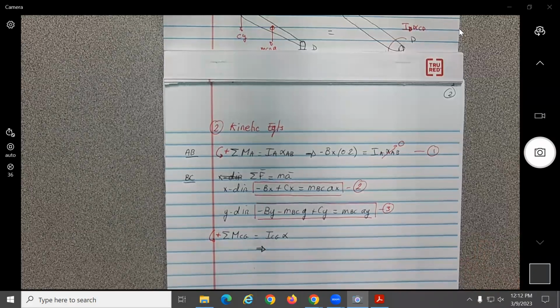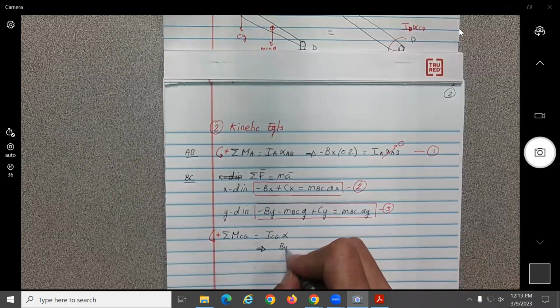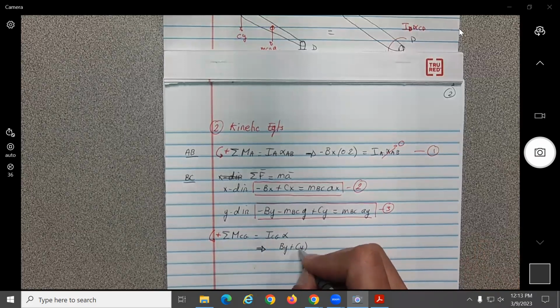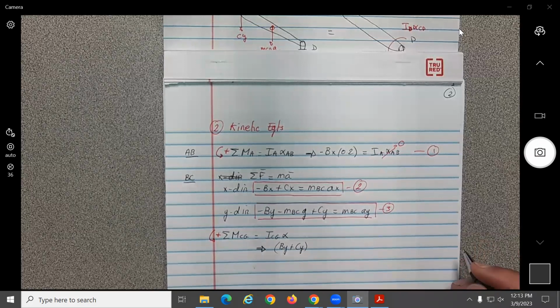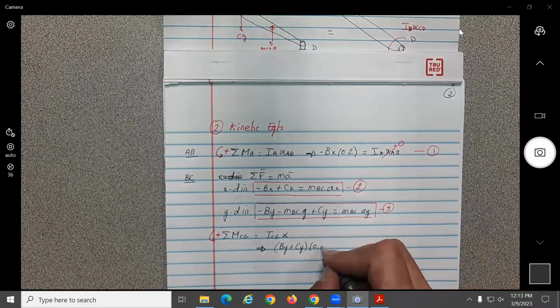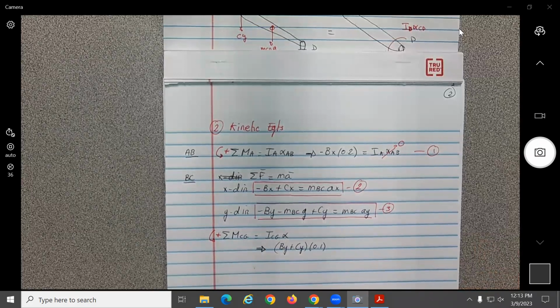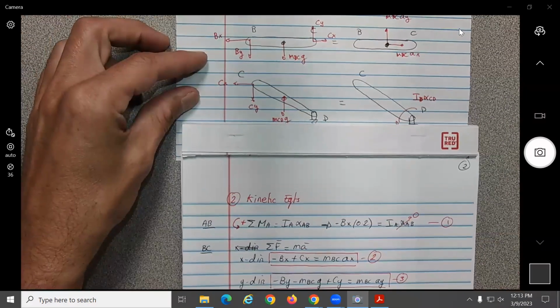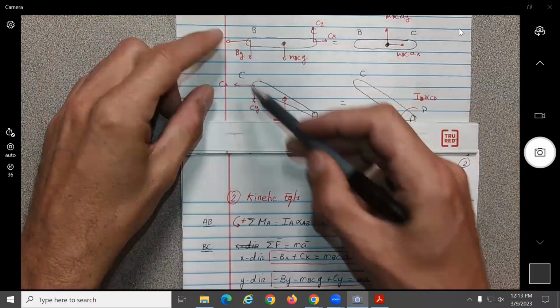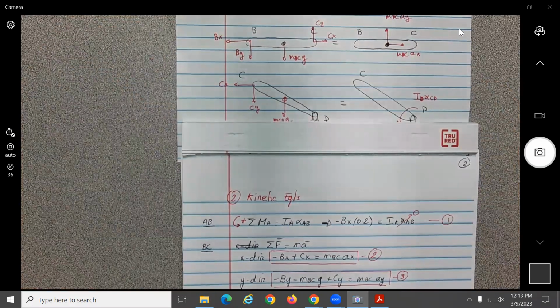BY and CY will be creating a moment in the same direction, no? So we could put here BY plus CY times, what is 0.1? Half the length of the bar. Aren't BY and CY going in the same direction in the bar? No, but they will create a moment in the same direction, which is counterclockwise, no?